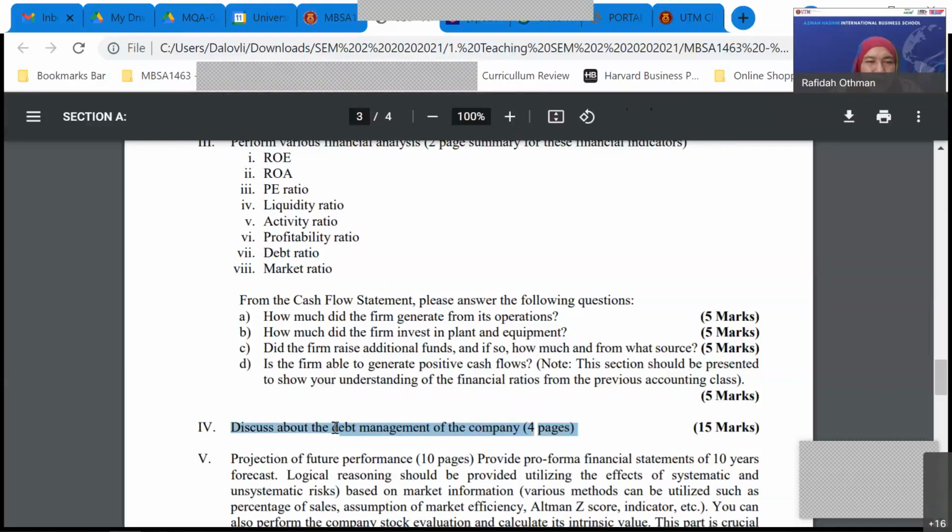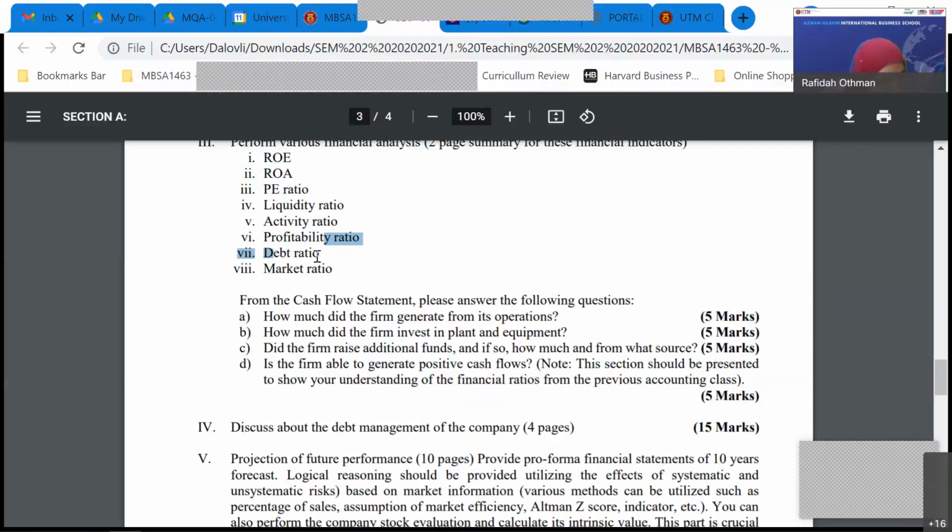Meaning that when we are talking about debt management, the debt ratio is only one part of it. I asked you to write 4 pages, 15 marks here. So what are the components they are looking at in the debt management? You have to look whether they have bonds, how much is the interest earned. All these kinds of analysis that you have to do. That's why it is 4 pages.